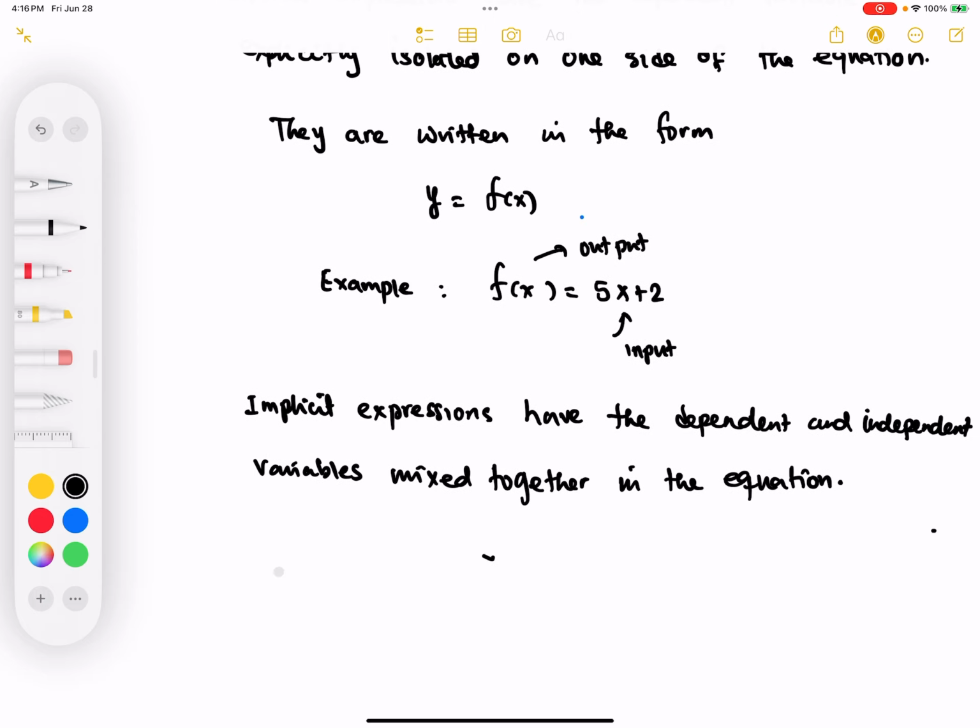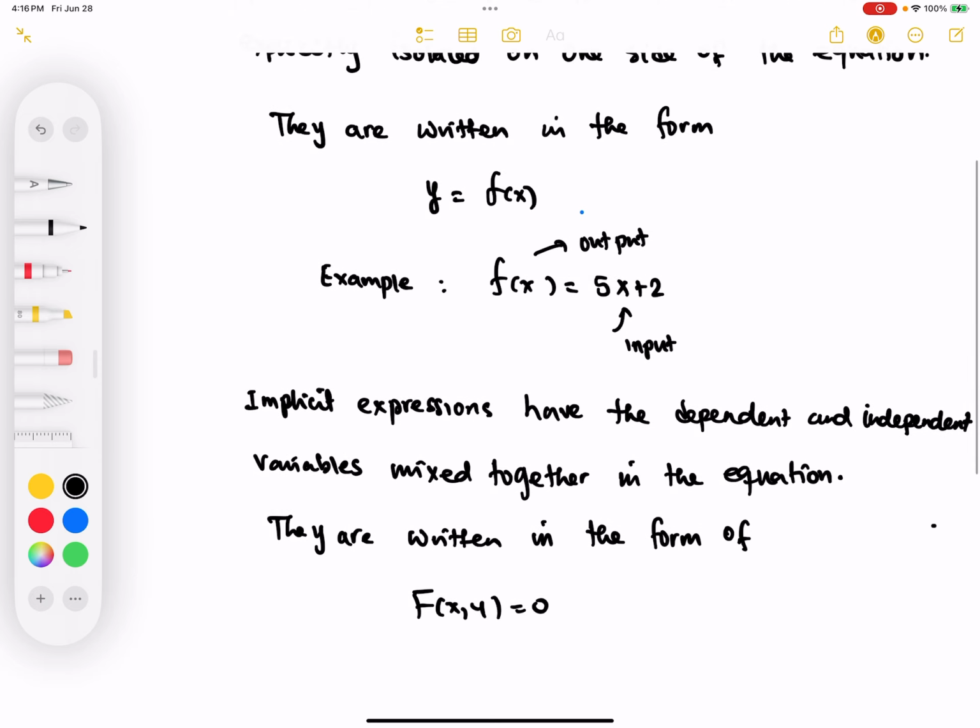So they are written in the form of a function f of x, y is 0.